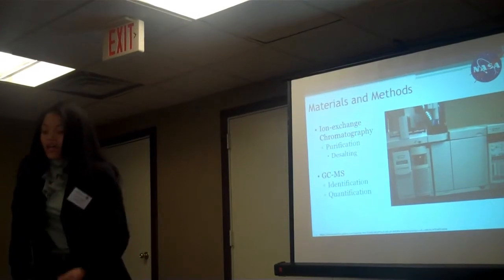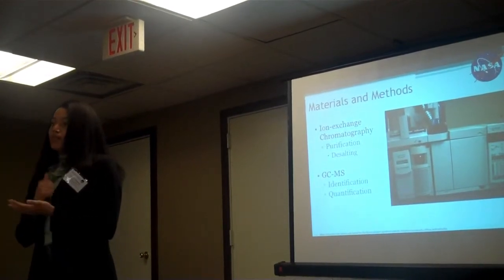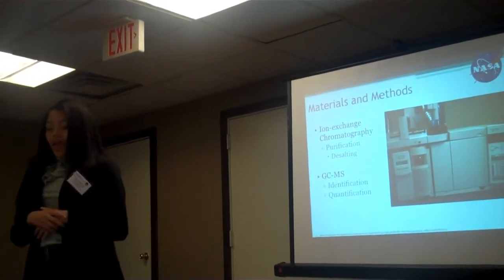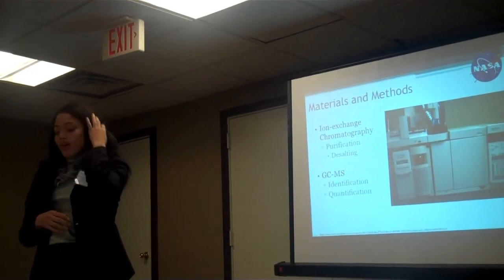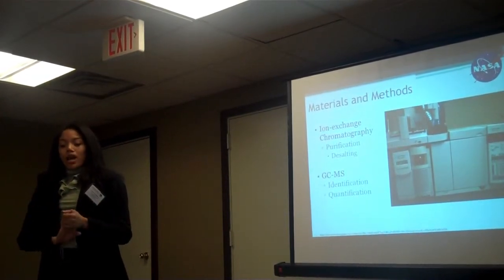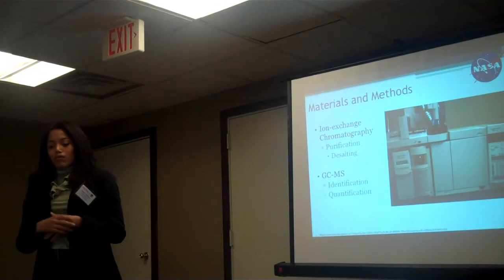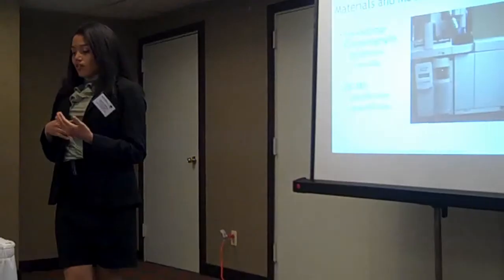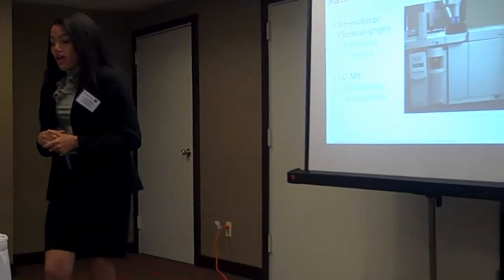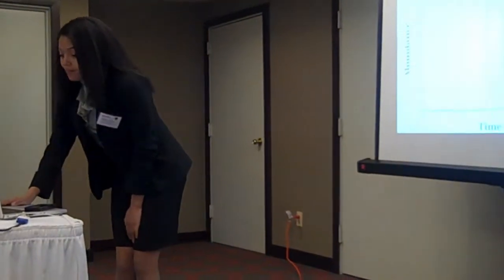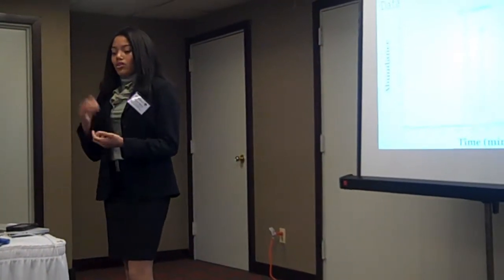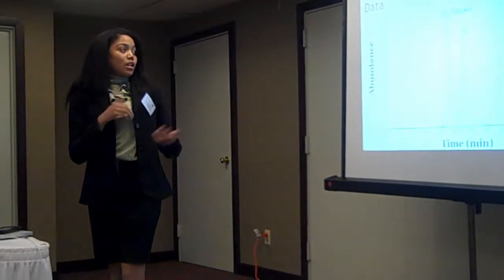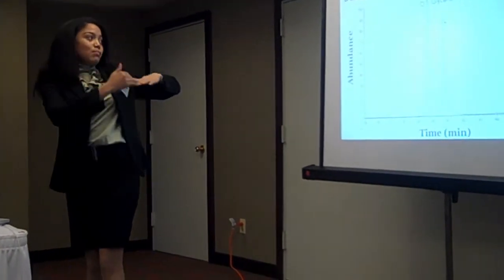The way that we analyze our samples is we crush up the meteorite into powder, and then we put it through cation-ion exchange chromatography, which is a purification technique that removes the salts. Then we use a quantification technique.